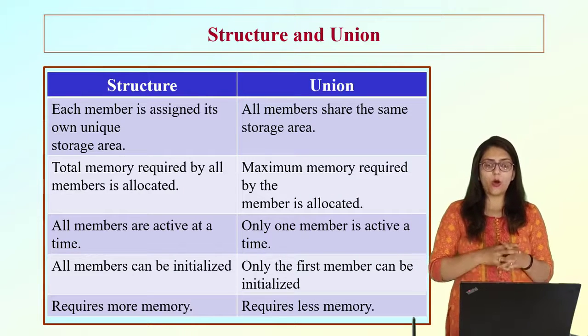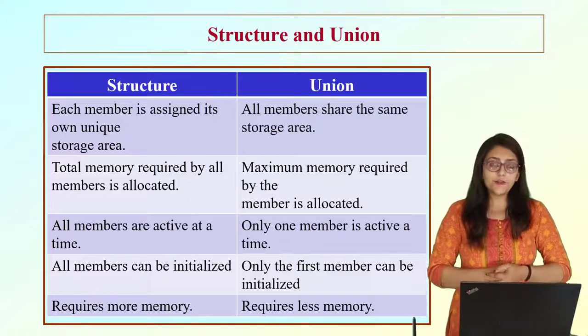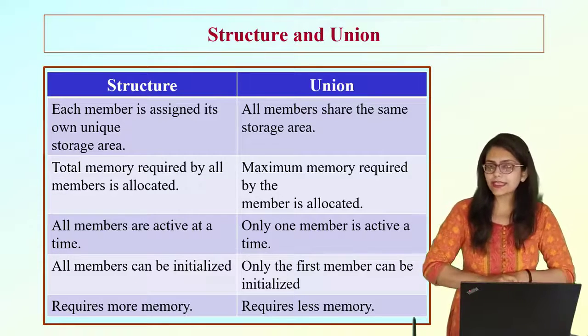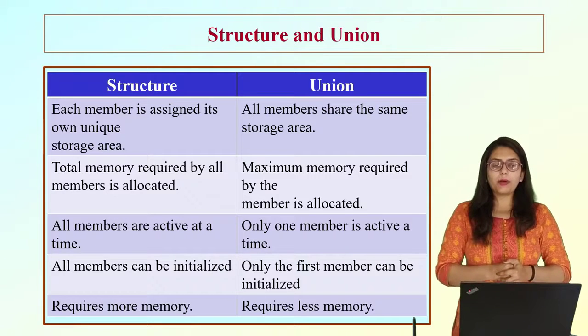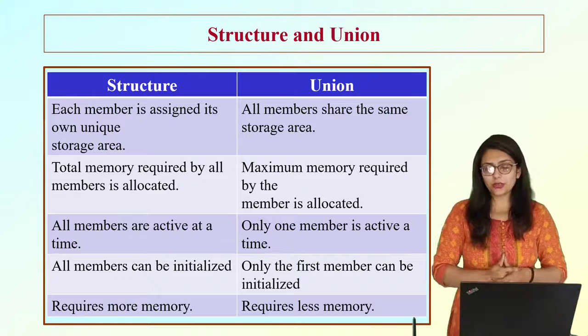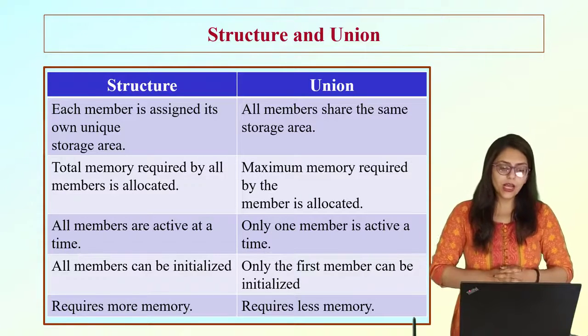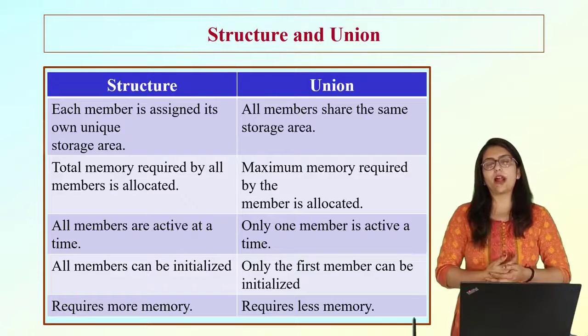The next point is that all members can be active at the same time in a structure, because they are all assigned different memory locations. But in case of union, all members cannot be accessed at the same time. You can access them one by one. All members can be initialized in case of structure, but not when you are using union. Structure requires more memory, but union requires less memory.